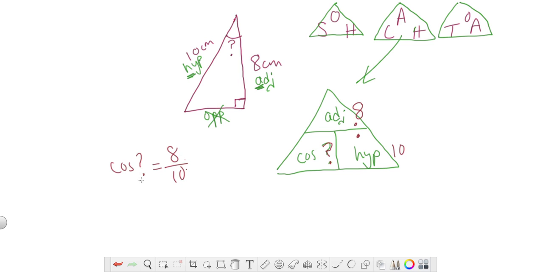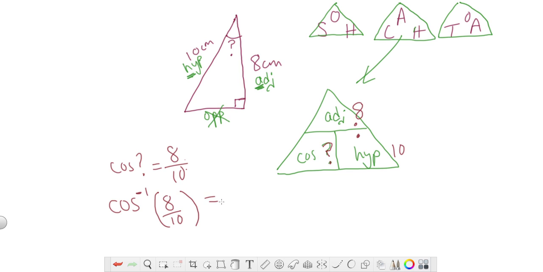Now, how do I find the question mark? I need to shift the cosine out the way. On the calculator, there is a function to do this. If you can find that on the calculator, inside the bracket type in 8 over 10. Just use a fraction button if you've got one, or just do 8 divided by 10 inside the bracket.